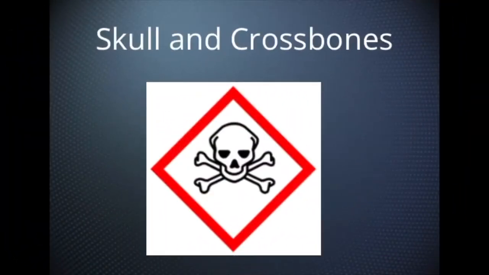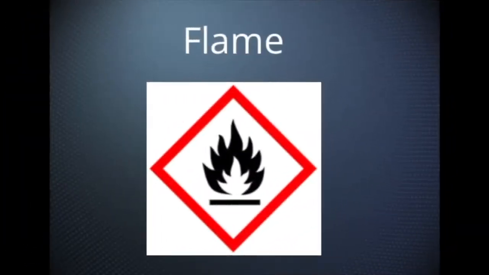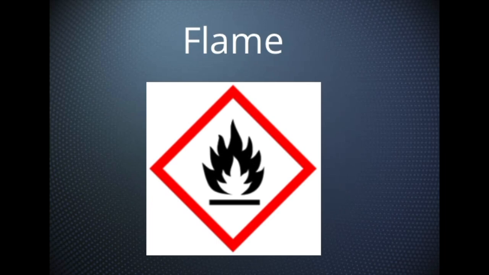The skull and crossbones represent products that are fatal, toxic, or harmful if inhaled, as a result of skin contact, or if swallowed. The flame pictogram represents anything with the ability to catch fire easily, especially when exposed to air.